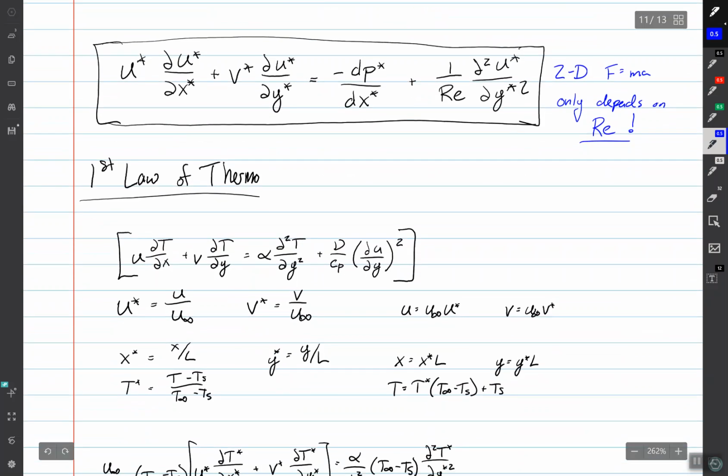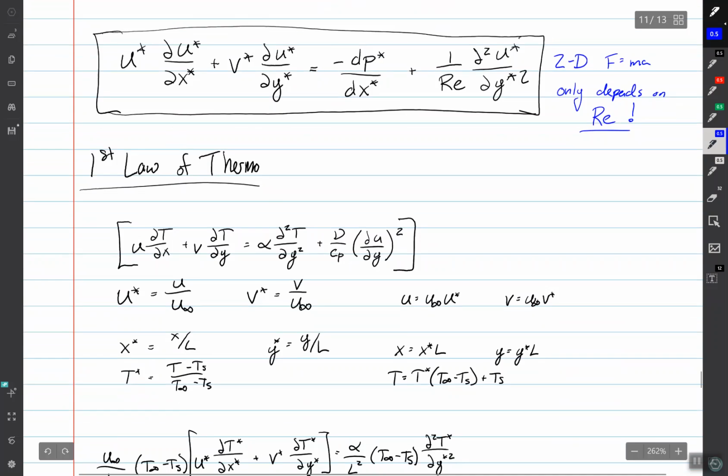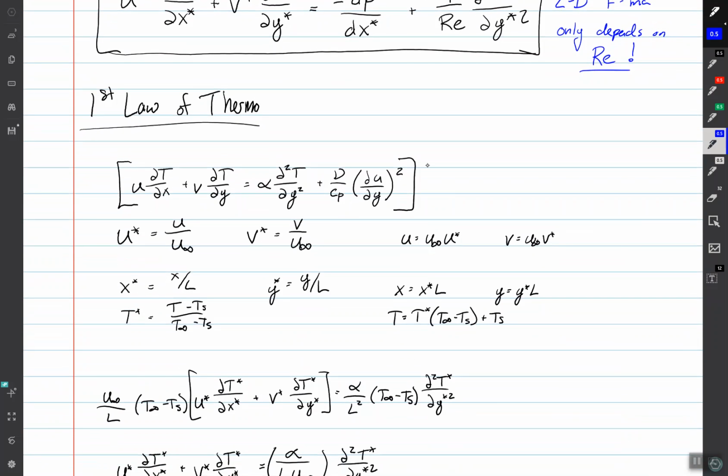Now let's do the same thing with the first law of thermo. So we'll start with this guy here in brackets. If we look at it, there are a couple different terms. This last one here is the term that physically represents friction heating.